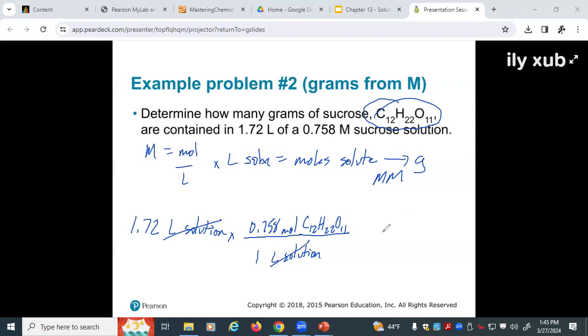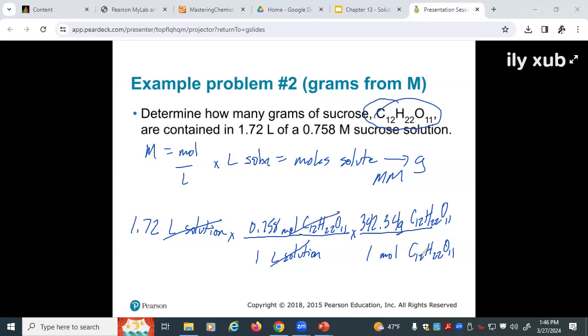So my liters of solution cancel. And then 1 mole of sucrose has a molar mass: 12.01 for carbon times 12, 1.01 for hydrogen times 22, 16 for oxygen times 11, for a grand total of 342.34 grams.